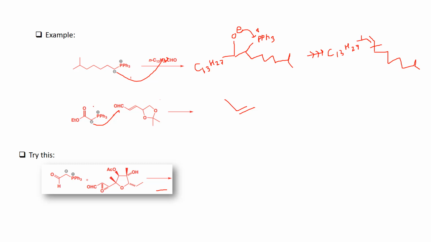Now in this case, it has an electron withdrawing group adjacent to this negative charge. So this is a stable ylide. So it will form an E alkene.